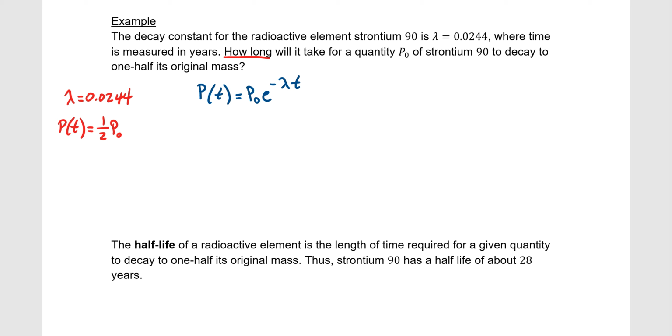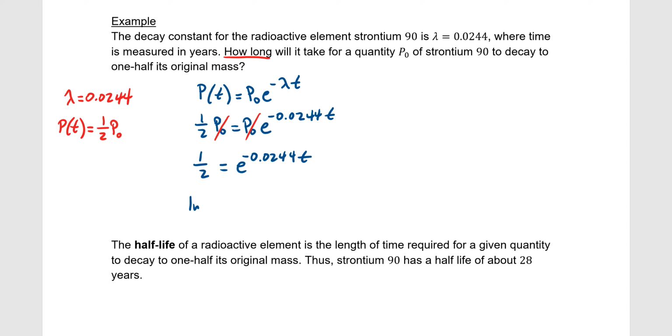So let's go ahead and substitute this in. That's 1/2 times the initial amount equals the initial amount, e to the negative 0.0244 t. Just like before, we can divide both sides by the initial amount and they cancel. We get 1/2 equals e to the negative 0.0244 t.